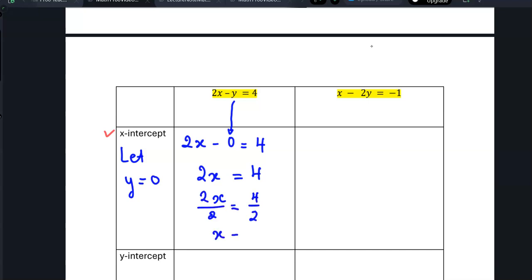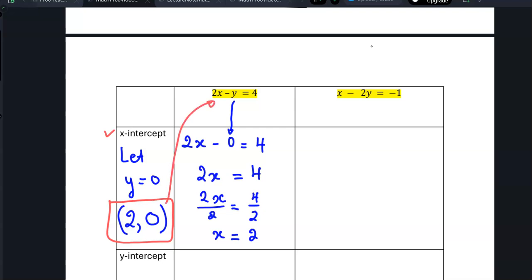So I have x equal to 2. So the x-intercept I have in this case is an ordered pair where x equal to 2 and y is equal to 0. So this is an ordered pair, and I am going to circle that. Alright, okay. So that's one for this equation itself. So this belongs to this.